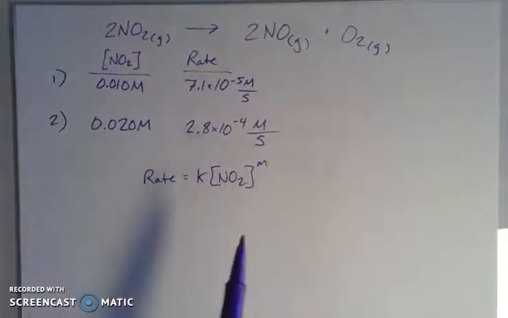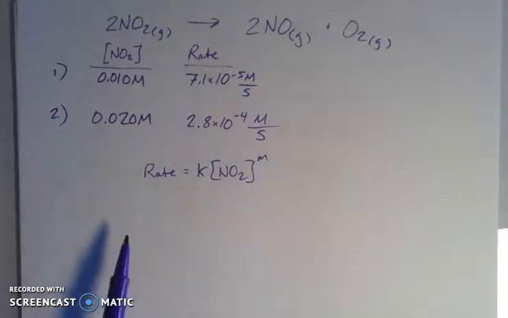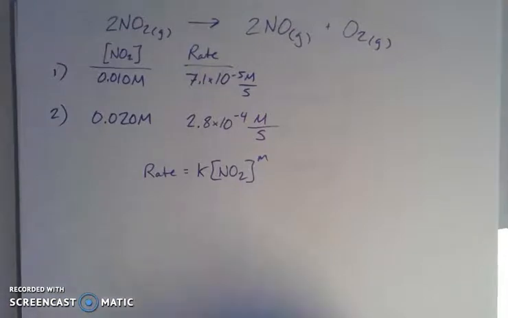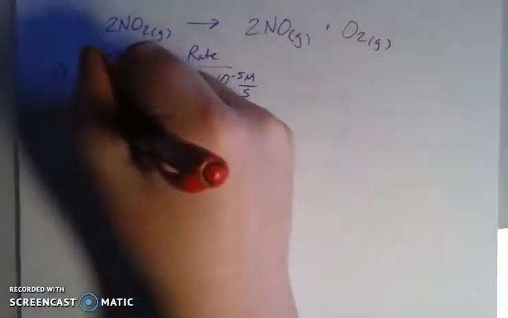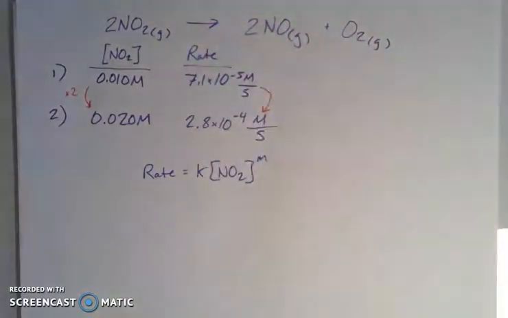And then what happens when I go from one trial to another is, when I double this concentration, what happens to this rate? That's what I like to do when I'm solving these types of problems.